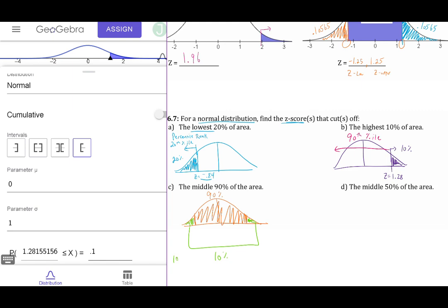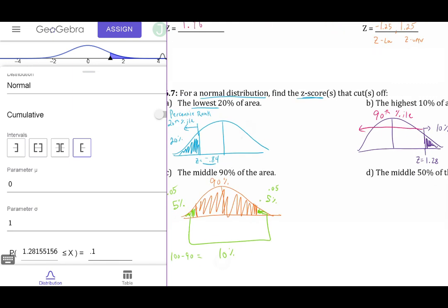Right? 100 minus 90 would be 10%. So each of these regions would be 5%. And as a decimal, it will be 0.05 for both green shaded regions. I'll zoom in a little bit.